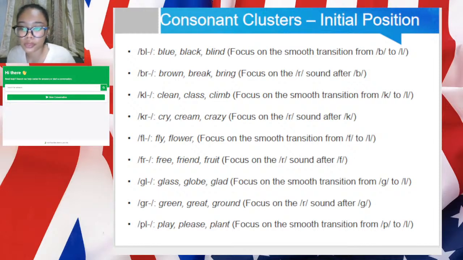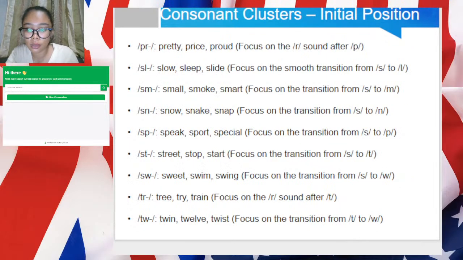We have first blue, like blue, black, blind. You focus on the smooth transition from b to l. There's also brew, brown, break, bring. Another: clean, class, climb, cry, cream, crazy, flu, fly, free, friend, fruit, glass, glow, glad, green, great, ground, plan, play, please, plant.